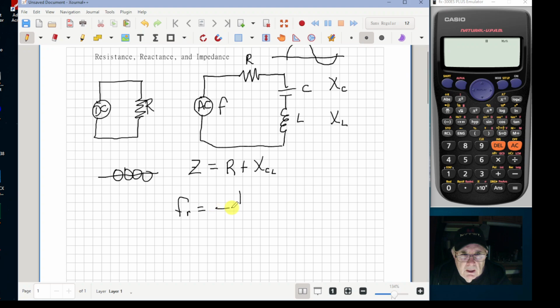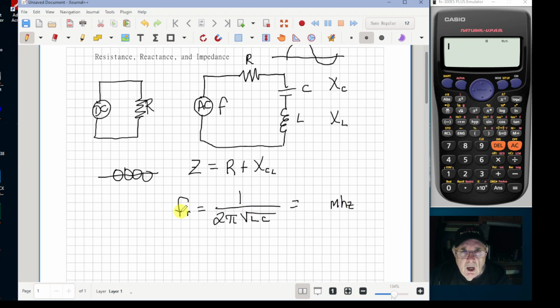They're related by 2 pi times the square root of the inductor times the capacitor, in farads and henries, or microhenries. Anyway, this will give us, I forget what the units are, we'll talk about that separately, what the resonant frequency is in megahertz.